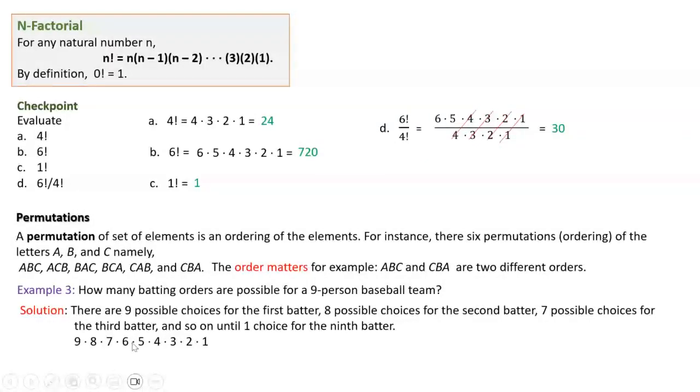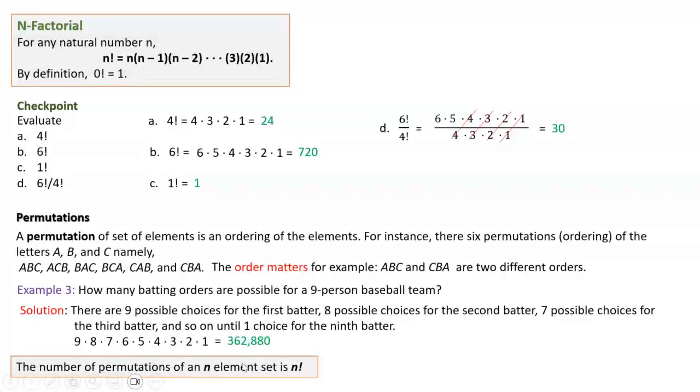So it's going to be 9 times 8 times 7 times 6 times 5 times 4 times 3 times 2 times 1, which will give us 362,880. Or you can do it by using the factorial, which will be 9 factorial, which will be the same thing. These two are the same thing, right? Because 9 factorial is the same thing as 9 times 8 times 7 all the way to 1.